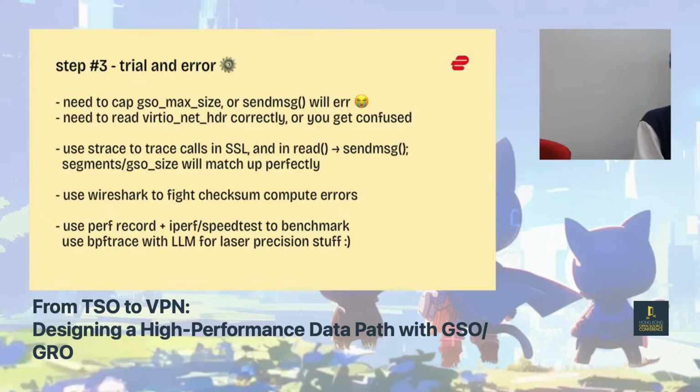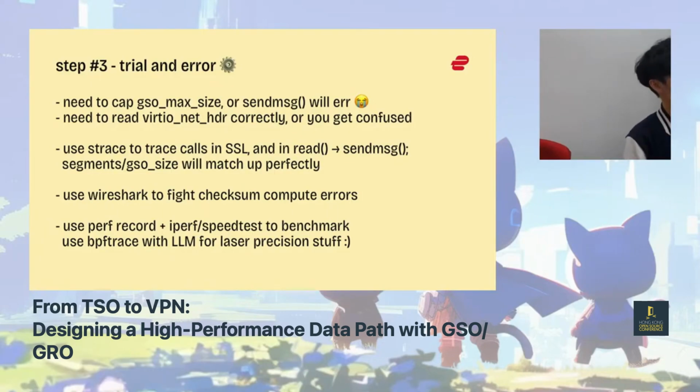And then, because of the virtio net header, the thing that accepts checksum and offloads, it is a very heavy contract. Once you enable it, you cannot turn it off. If you enable it for GSO in the send direction, you also have to account for the receive direction. Even if you don't do any segmentation yourself, you still need to prepend the header correctly, even if it's all 0 bytes.